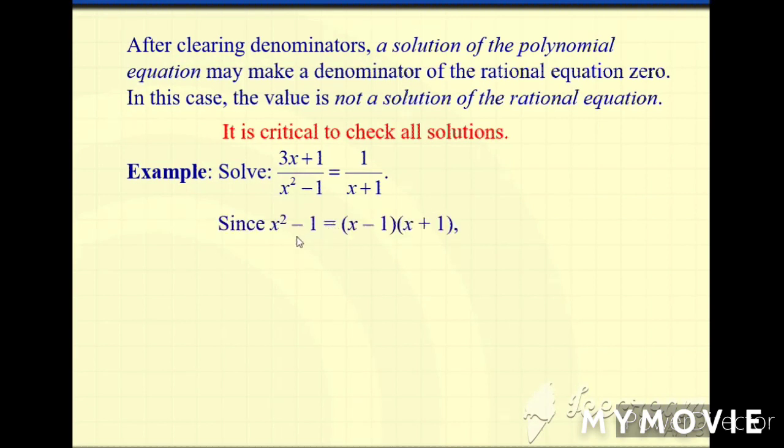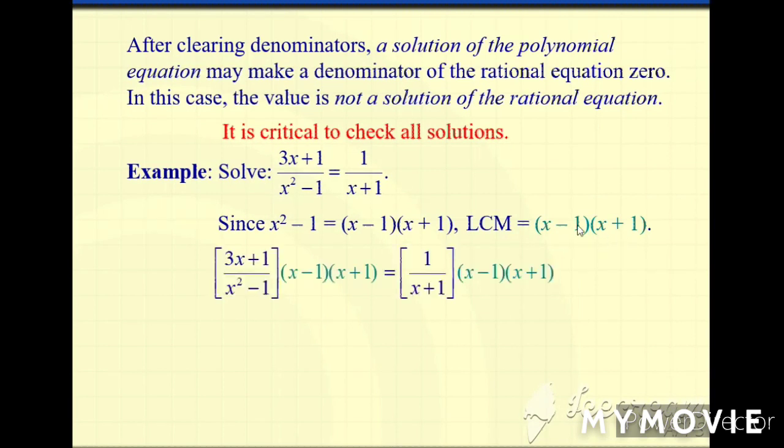So for our solution, since x squared minus 1 is equal to the factors x minus 1 times quantity x plus 1, this is our LCM, x minus 1 times x plus 1. So we bring down 3x plus 1 over x squared minus 1 multiplied by the LCM, the factors of x squared minus 1, which are x minus 1, x plus 1.